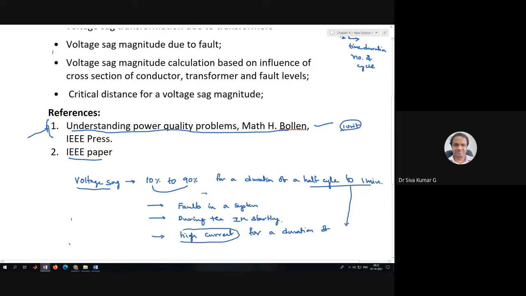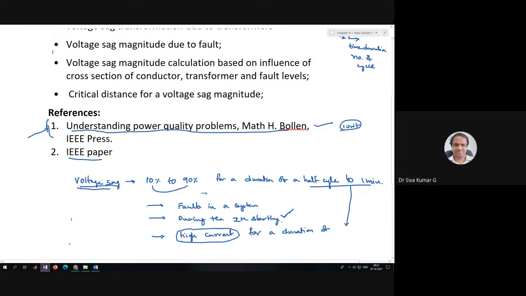Why I'm mentioning this is because the induction motor starting current takes a high magnetizing current, around 6 times the rated current. Once it builds the back EMF, it doesn't require the magnetizing current. For that reason, some of the loads take high current also. In that case, we will have the voltage sag.